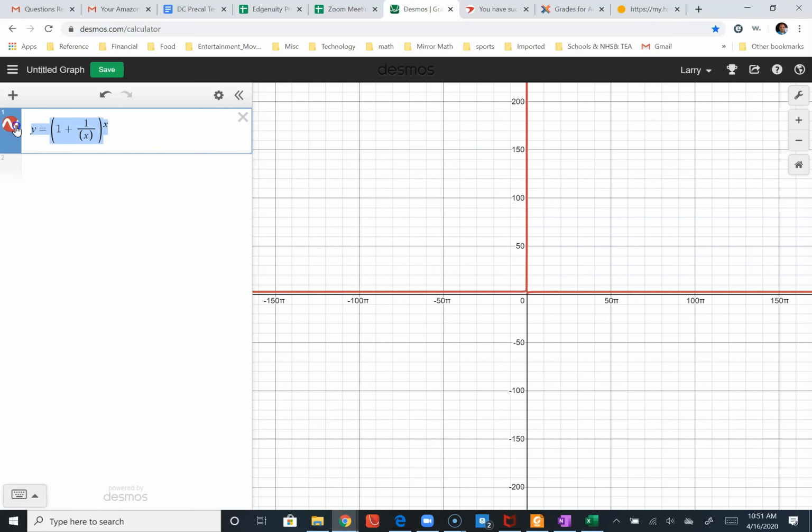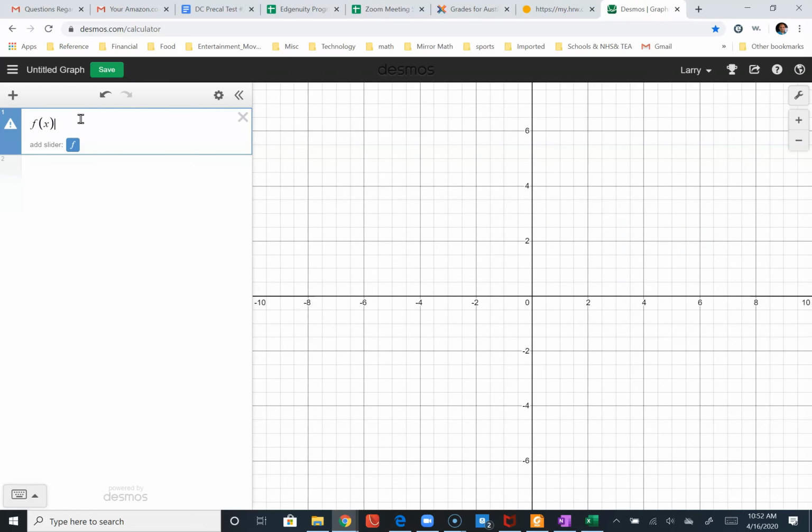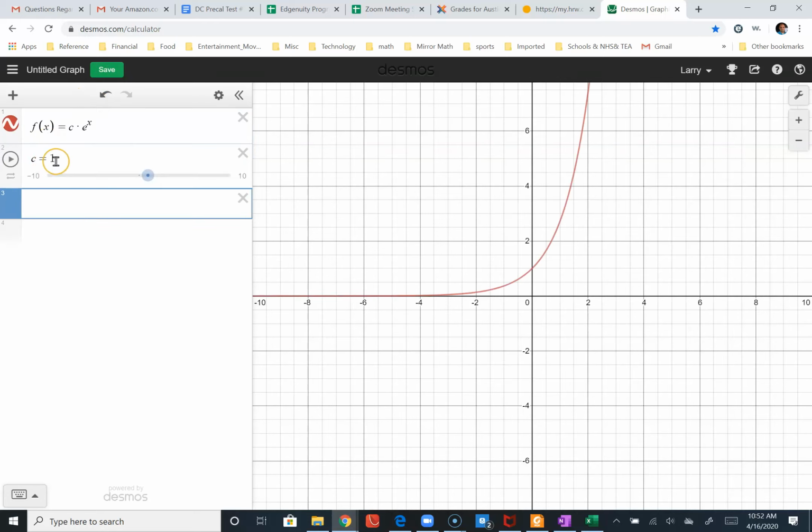So graphing our original function, f of x, c times e to the power of x, we can see that in this case c is 1, and that's where we're crossing over the y-axis, (0, 1), because if we substitute 0 in place of x, e to the 0 is 1, and c times that would be 1.